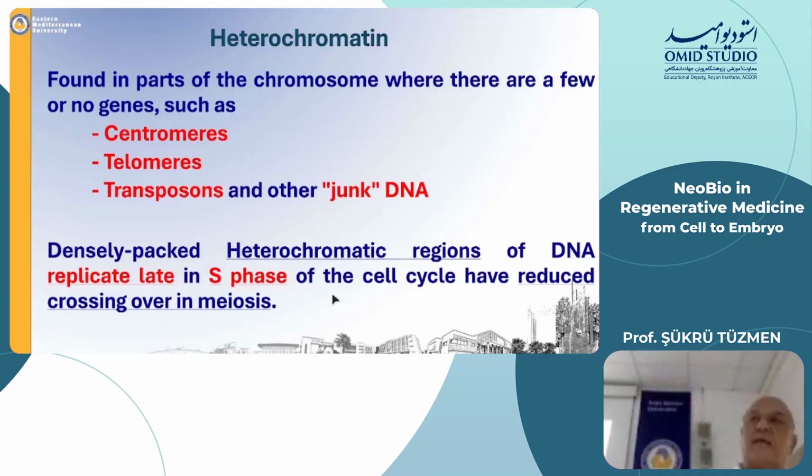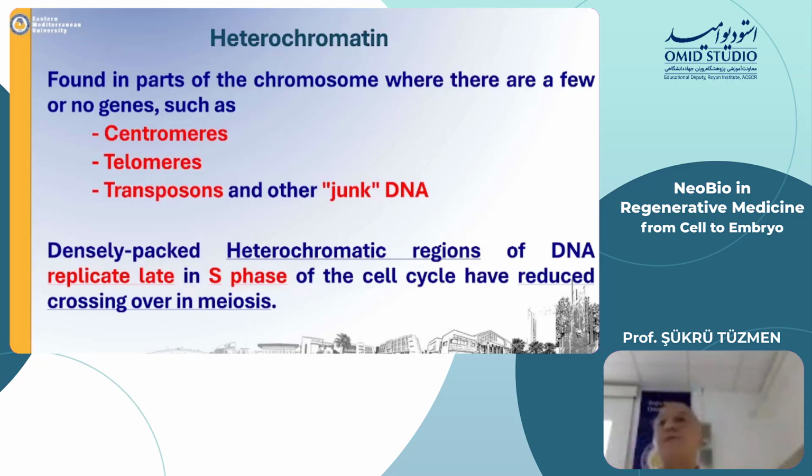So you might say, okay, if there is not much or very slow transcription taking place, how is it that these parts are being synthesized? Well, I will talk in the next session about the cell cycle, and in the S phase, the synthesis phase of the cell cycle, the heterochromatic regions are replicated late, towards the end of the S phase.